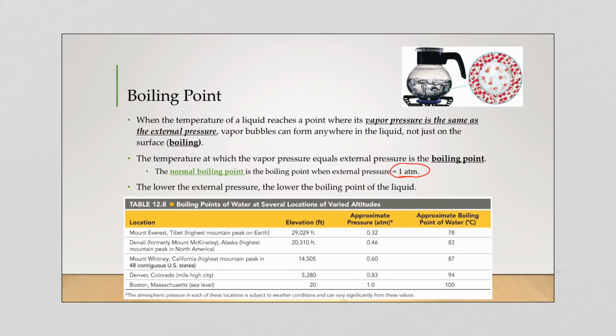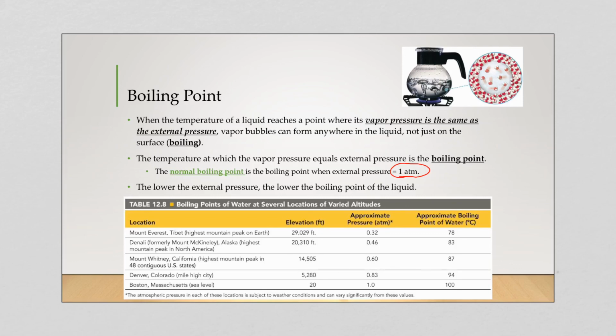The boiling point drops about 6 degrees. If you go up even higher to say 20,000 feet, into some of the high mountains, you get atmospheric pressure that's about half of what it is at sea level. And so the boiling point of water drops even more, down to about 80 degrees or 83 degrees.